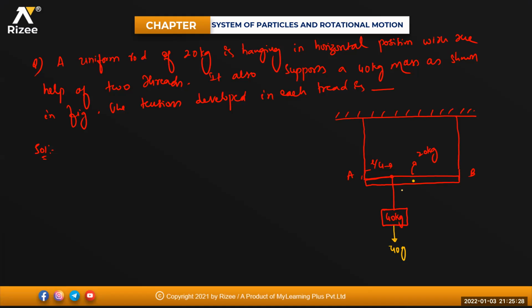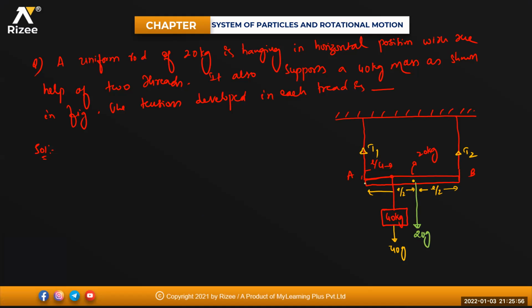If the total length is L, this distance will become L by 2. This distance is also L by 2. Tension is developed in this one. This is your T2, and here this one is T1. Total weight of the body will be acting at the center of mass. The weight of this body is 20g in the downward direction.